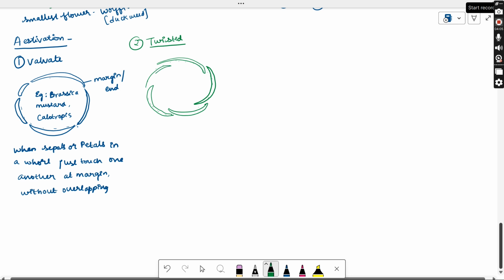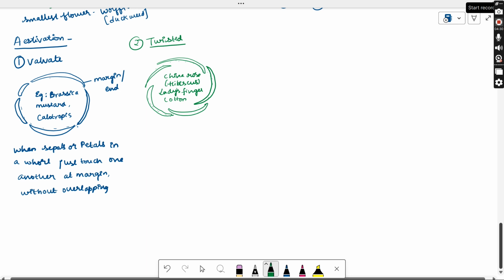This can be seen in the China rose or hibiscus. We can also see it in the Malvaceae family, like cotton, lady's finger, hibiscus, bhendi, lady's finger, and cotton.